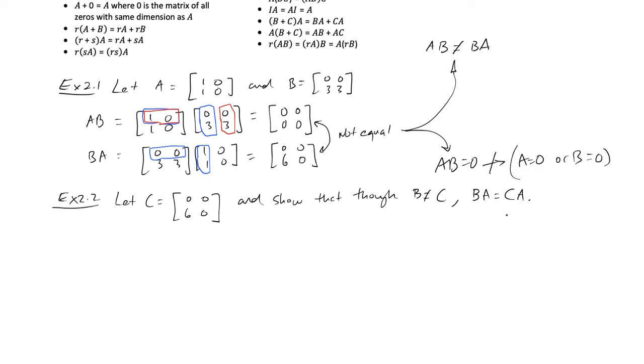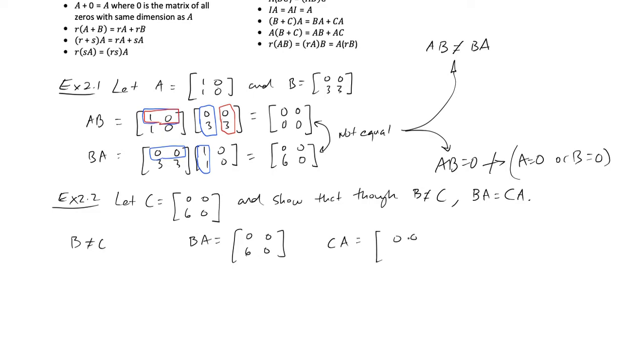Okay, so we need to compute these two products. It's obvious that B does not equal C. Just looking at them, those are different matrices. [0, 0; 3, 3] and [0, 0; 6, 0] are different, and involve different numbers. However, if I compute BA, well, I did that already. That's [0, 0; 6, 0]. And if I compute CA, well, let's do it.